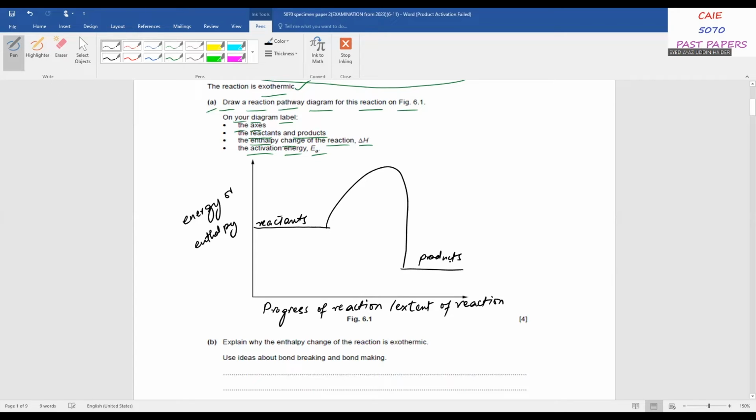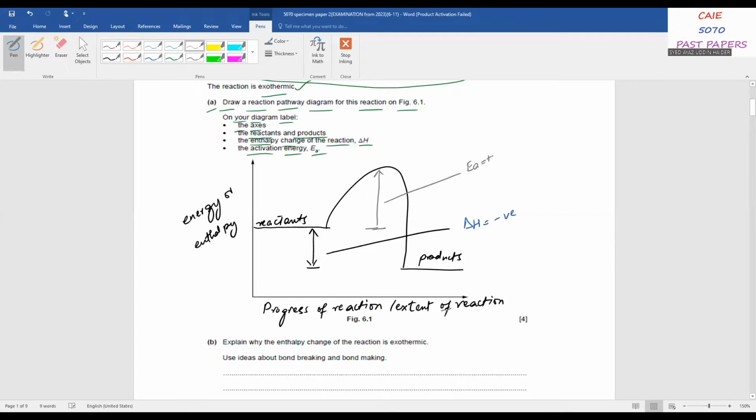Now, the enthalpy change of the reaction. It's the difference between product and reactant, so you will have the enthalpy change here. This is the enthalpy change, delta H, and it's negative. What about activation energy? Activation energy starts from this line and goes to the highest level of this energy hump, and it's represented by EA.